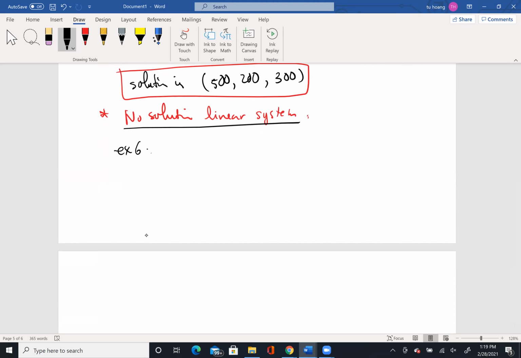So I have x plus y plus z equal to 4, and then another one is negative x plus y plus z equal to 2, and I have y plus z equal to 1.